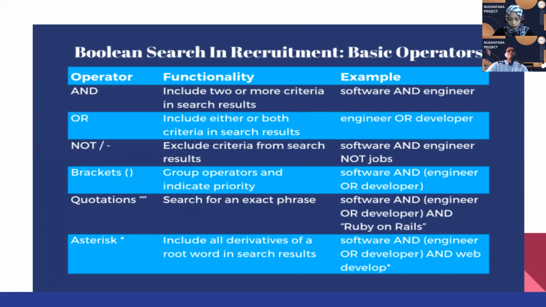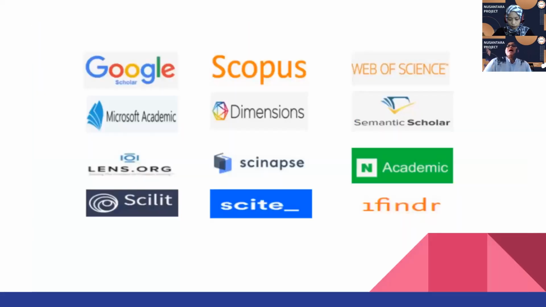Okay, these are other databases for your literature. Maybe they are quite familiar, very famous: Google Scholar, Scopus, Web of Science, Microsoft Academic, Dimensions, Semantic Scholar, Lens, Academic Finder, and many applications like knowledge maps.